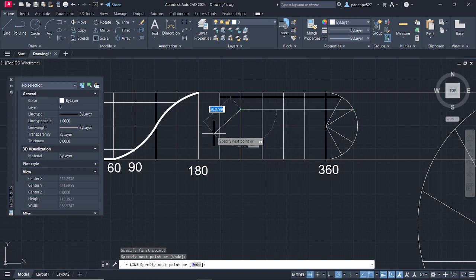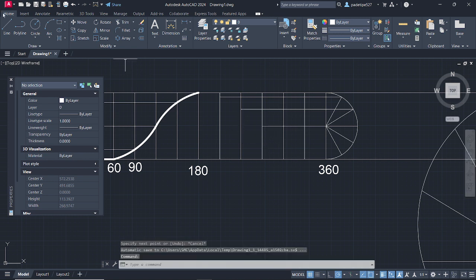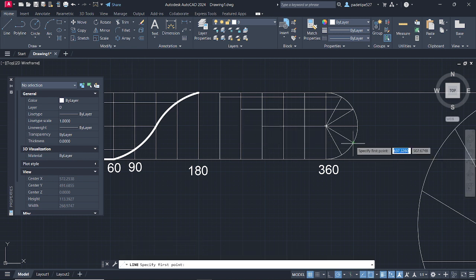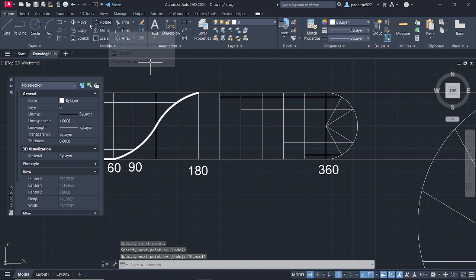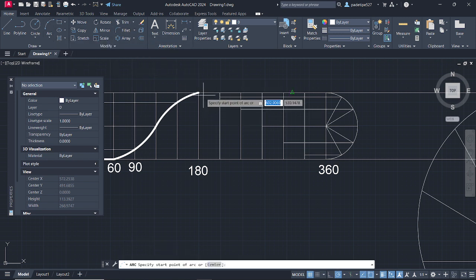We draw another line from this point to this point, and another from this point to this point. We draw another line, like the last line, to this point. Good. Then we use arc, right, and trace these points down.